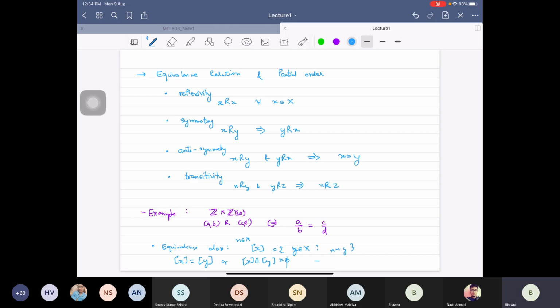So this in fact forms a partition of X. And if we are given a partition of X, then we can always define a relation so that it becomes an equivalence relation. So an equivalence relation is nothing but actually a partition of X. In this way equivalence relations are important.